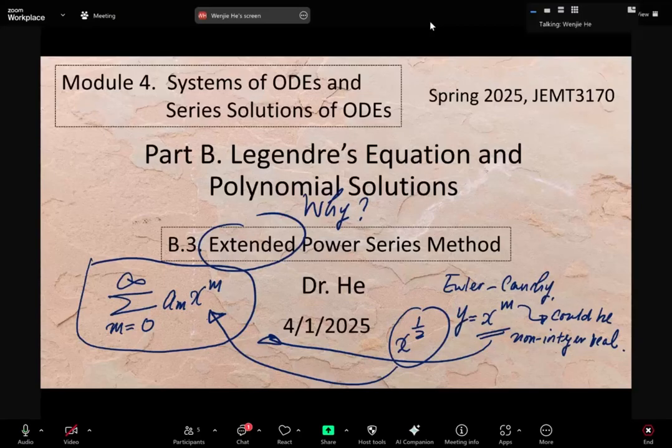Very hard, even for a function as simple as this one, using a standard power series. Why is it so hard? Because structure-wise, these two structures are not compatible.